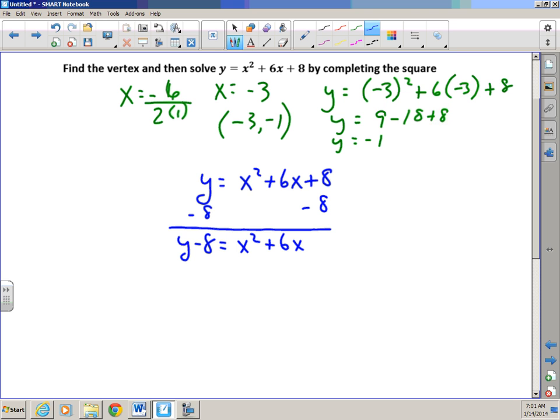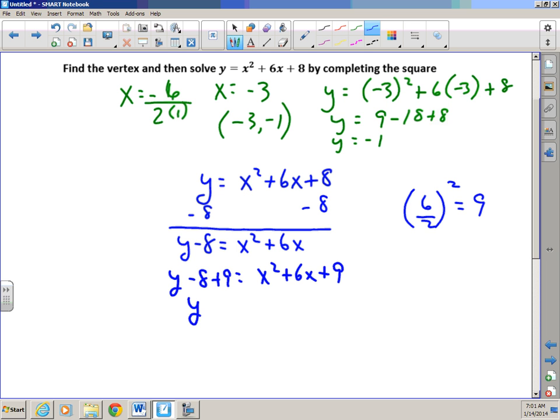Now I want to figure out what goes in there to make a perfect square. Well, hopefully you're saying, oh, it's 9. So now I'm going to add 9 to both sides. Now I have my perfect square. Just combining those like terms.